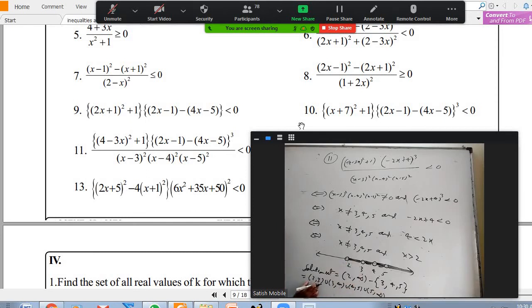All these numbers are open interval 2 to 3, all these numbers are open interval 3 to 4, all these numbers are open interval 4 to 5, and all the numbers are open interval 5 to infinity. If you want to write in set form, you can also write x such that x is greater than 2 and x is not equal to 3, 4, 5.